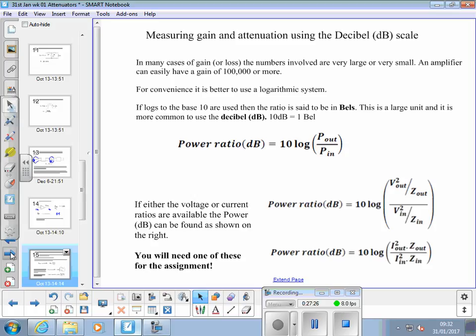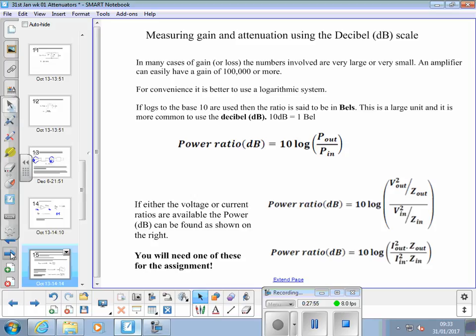We find that by multiplying the log of P out over P in, so the log of the power ratio, multiplied by 10, gives us the value in dB. And where it is attenuation, what you'll find is that comes out as a negative value. That's telling you that's a negative gain, i.e. negative gain means attenuation. All right?